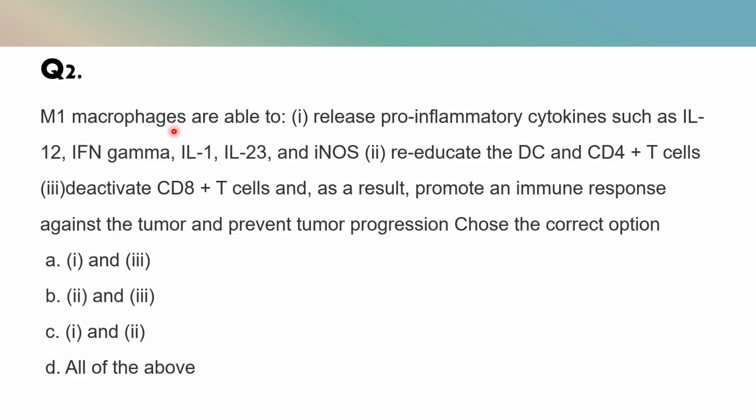M1 macrophages can release pro-inflammatory cytokines such as IL-12, IFN gamma, IL-1, IL-23 and iNOS, re-educate DC, dendritic cells, or CD4 T cells, activate CD8 T cells, and as a result promote an immune response against tumor and prevent tumor progression.